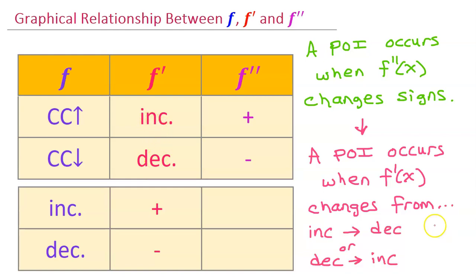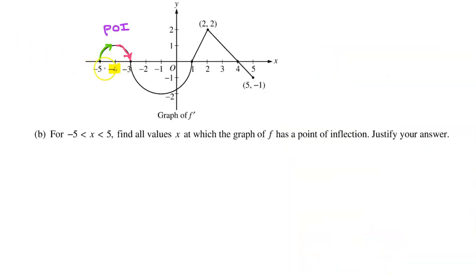So let's look back at our graph of f prime and see where it changes from increasing to decreasing or vice versa. Notice that f prime goes from increasing to decreasing at x equals -4. So that's a point of inflection. f prime changes from decreasing to increasing at x equals -1, another point of inflection.